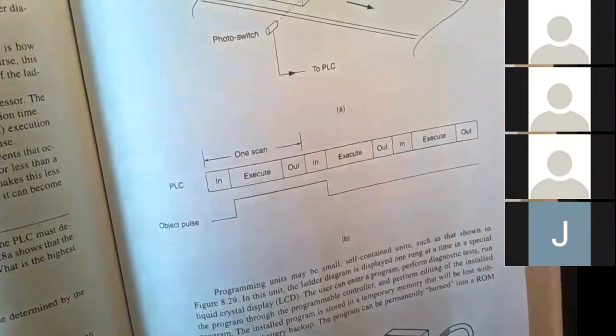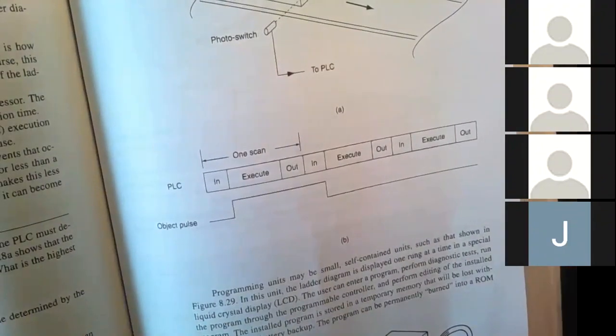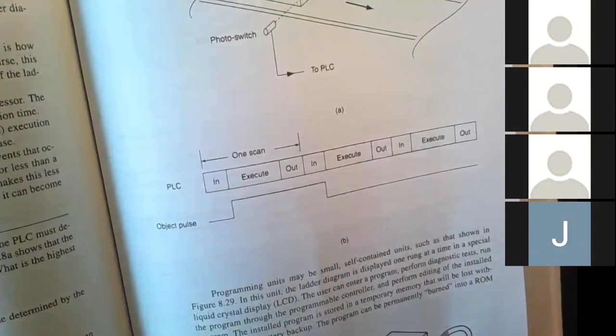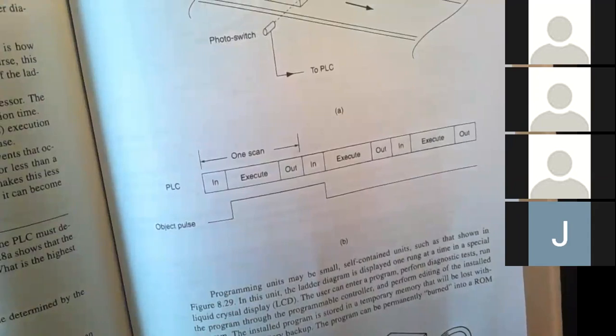Another last topic before we move to the example is that a PLC is a computer. We have to remember the PLC is just another computer. It's a special computer, in a lot of cases an overpriced computer.